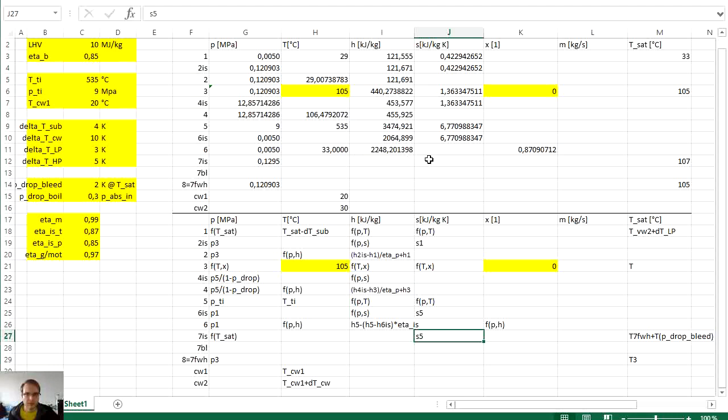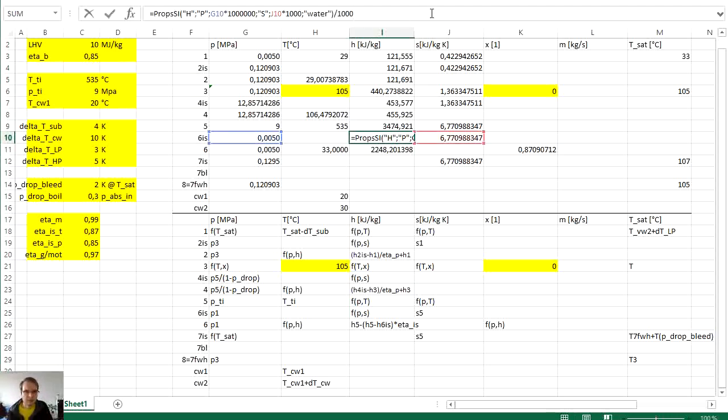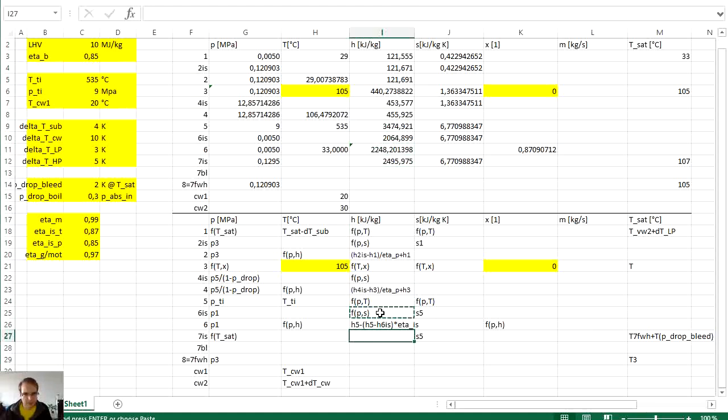So here for 7 isentropic, the entropy is the same as 5. And now we have pressure and entropy. That means two thermodynamic parameters. We can get enthalpy from them, basically the same as here, the very same function. Again, a function of PS.